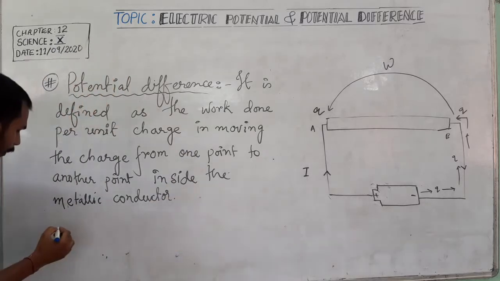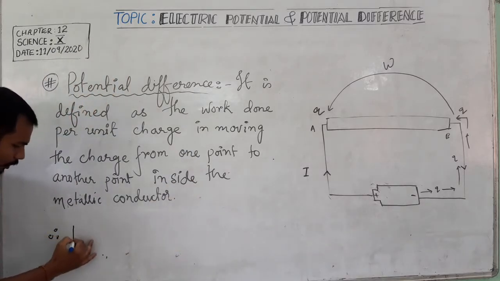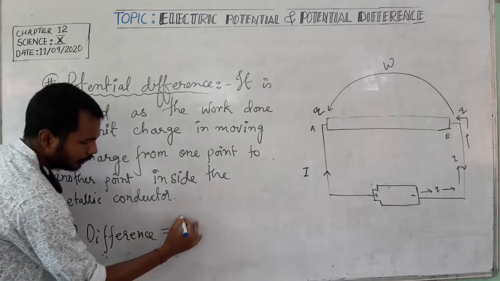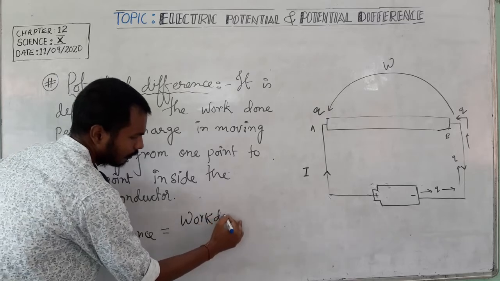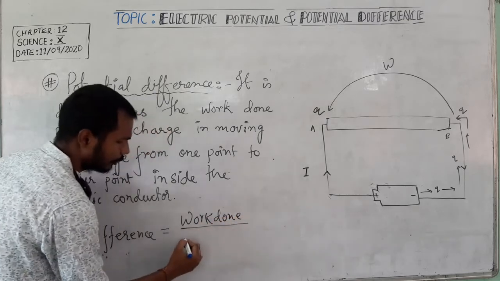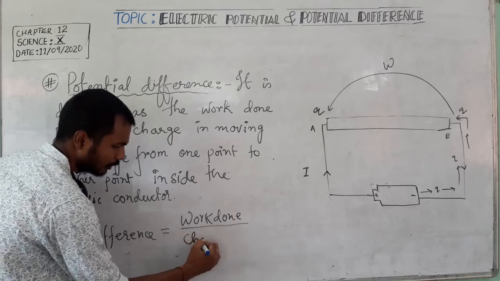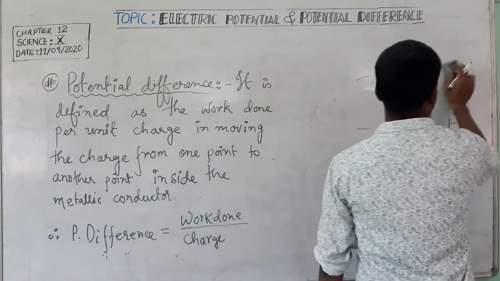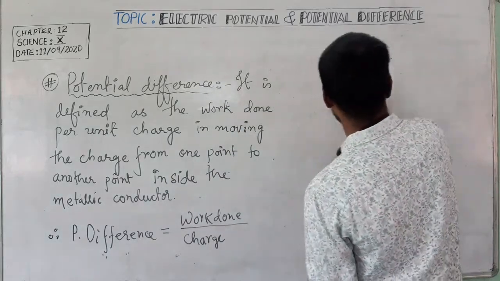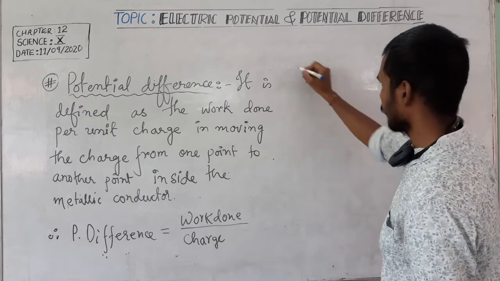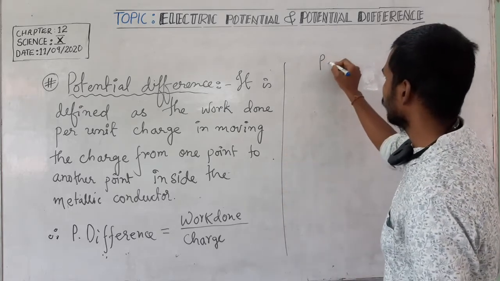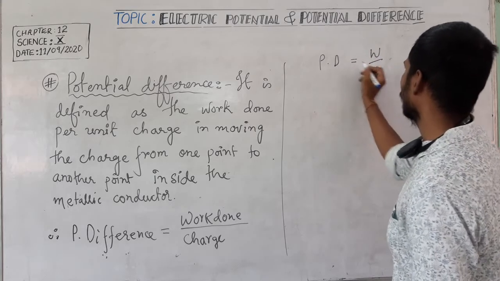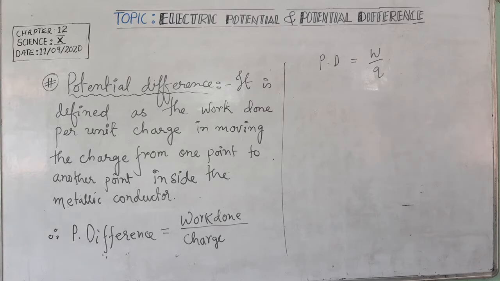So therefore we can write potential difference is equal to work done per unit charge. Or we can say potential difference is equal to W by Q. So this is the formula of potential difference.